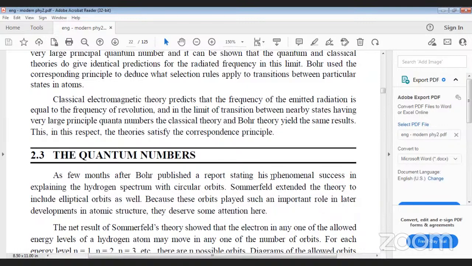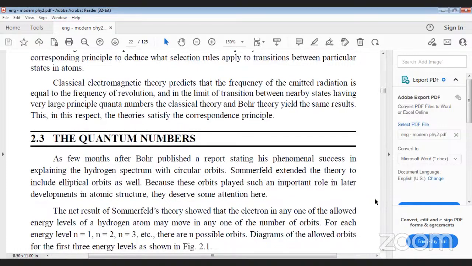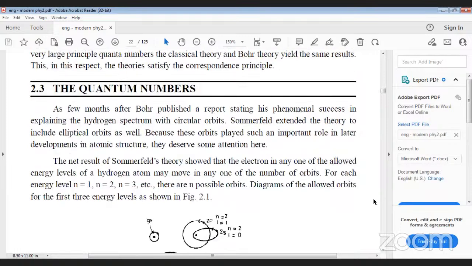According to classical electromagnetic theory, the frequency of the emitted radiation is equal to the frequency of revolution. In the limit of transitions between nearby states with very large principal quantum number, n tending to infinity, classical theory and Bohr's theory yield the same results. So this theory satisfies the correspondence principle.